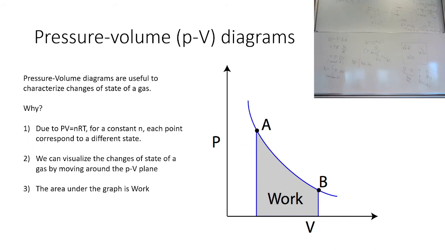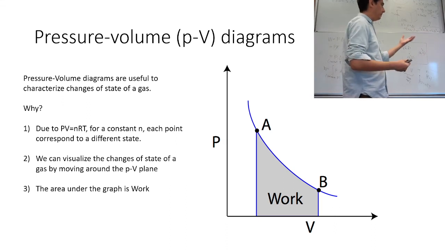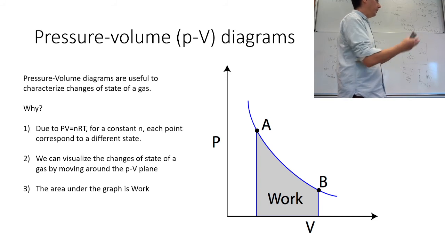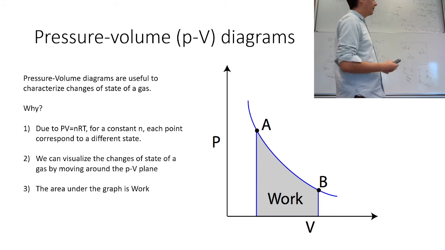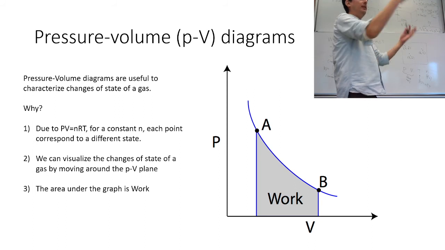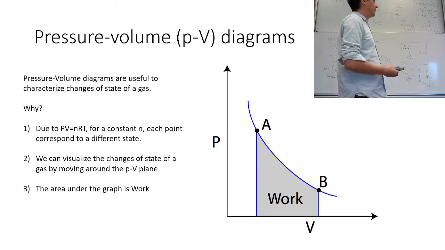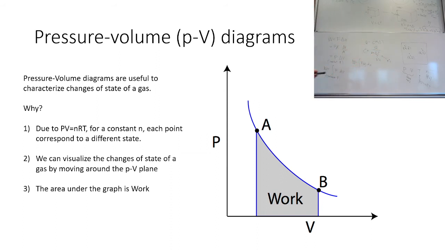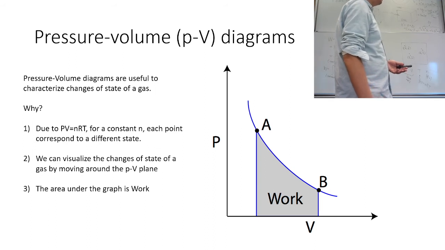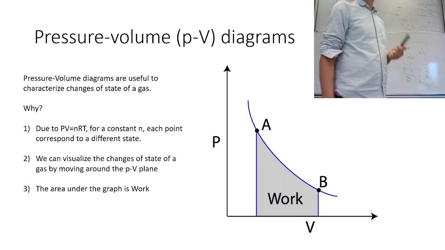So you can quantitatively work out some aspects of particular transitions, like the work. You can visualize the states of the gas, and we'll see some other examples, but it allows you to understand what kind of processes are occurring in the gas.